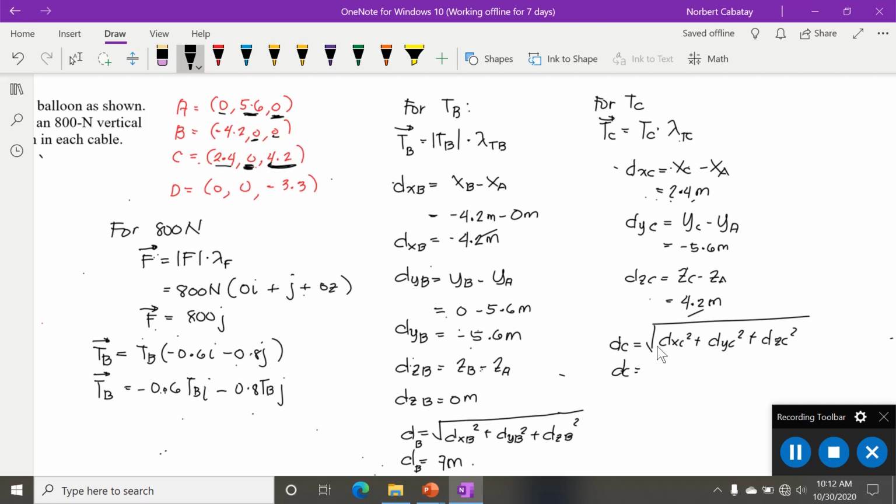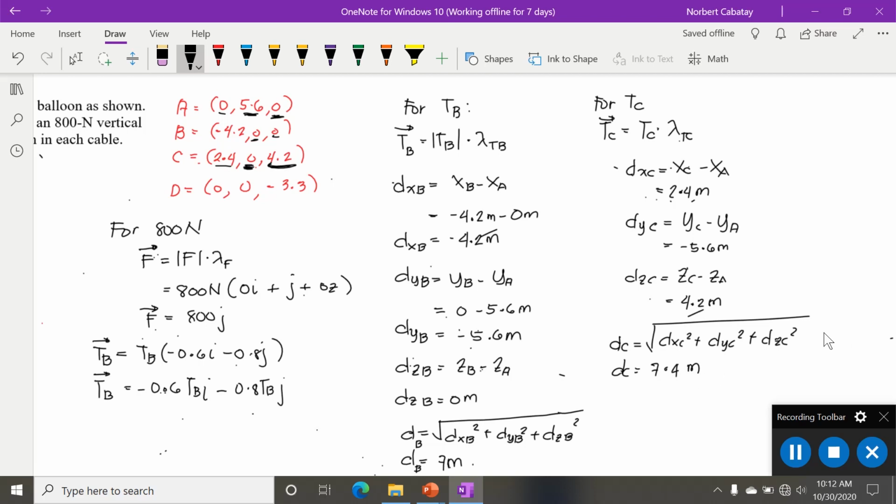So, pag pinindot nyo sa calculator yan, it's about that 2.4 squared plus 5.6 squared plus 4.2 squared, square root. Answer, you have 37 over 5 or 7.4 meters.